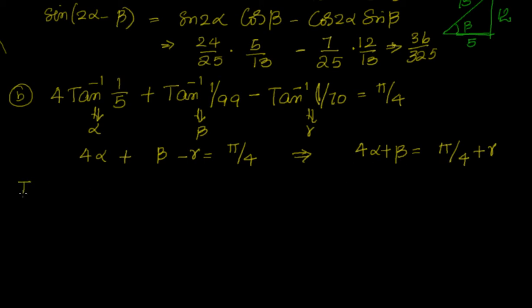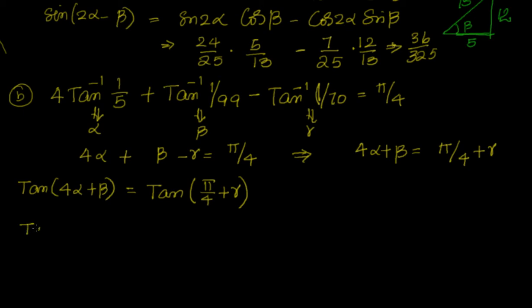Okay, now we want to apply tan on both sides. So I have to prove that the left hand side and right hand side are both equal. That is tan of 4 alpha plus beta equal to tan of pi by 4 plus gamma. I have to prove this. What is the formula for this?